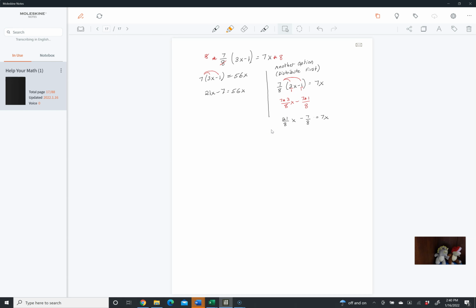Now what we would do is multiply everything by 8 here. So at this point, we would multiply by 8 instead of at our very first step. And when we multiply, we need to multiply everything on one side, and everything on the other side. The reason why we didn't have to do that here is because we had the parentheses.